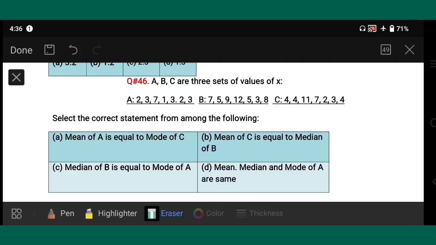So clearly here we are going to find mean, median and mode for each of the set of values, that is A, B and C.